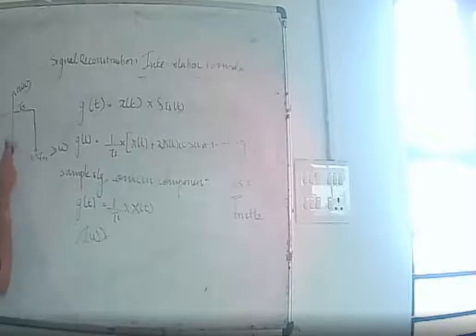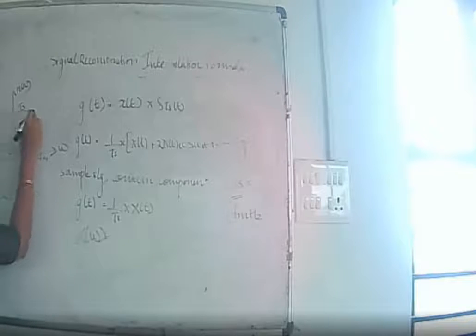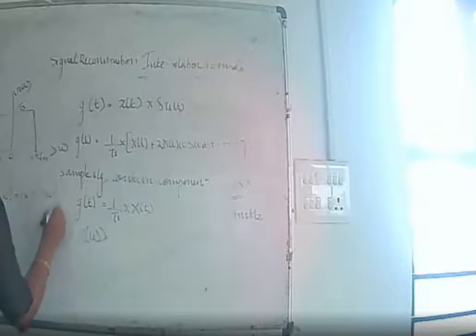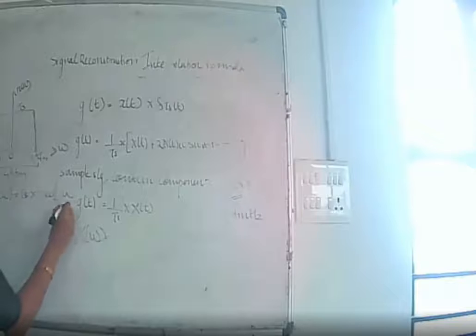So from this we can write H of omega is nothing but Ts into rect of omega by minus 2 pi fm to 2 pi fm. This is 4 pi fm.